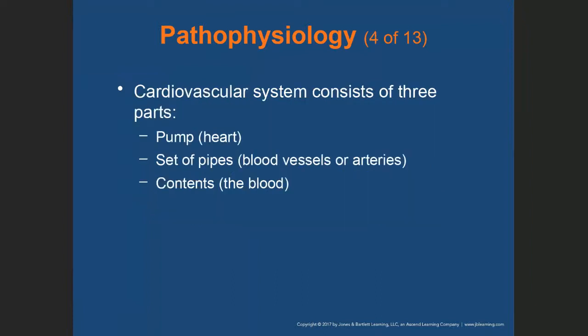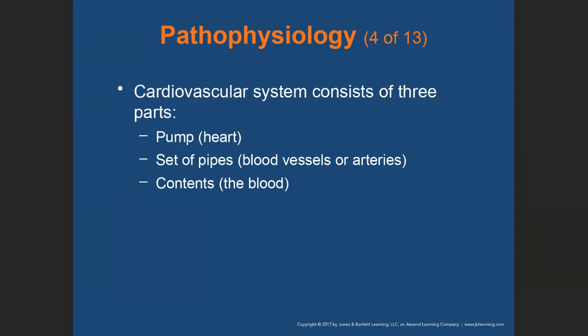Now, the cardiovascular system consists of three important components, and these three components form what we refer to as the perfusion triangle. So the cardiovascular system consists of the pump, which is the heart, a set of pipes, which is the blood vessels or arteries, and the contents, which is the blood or plasma.